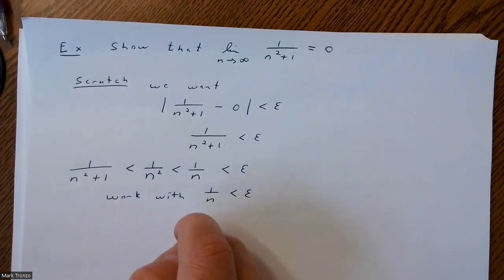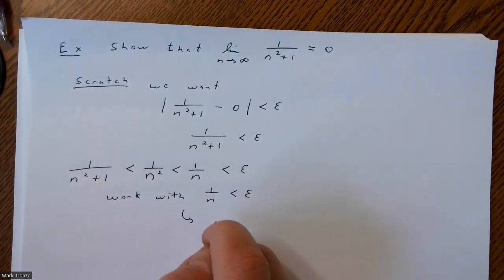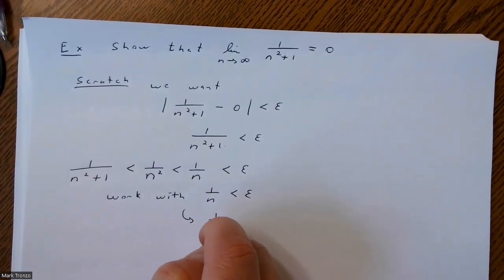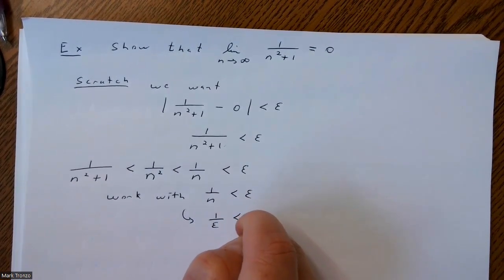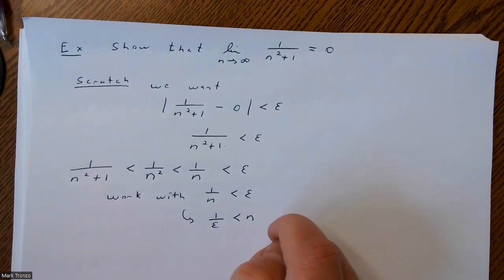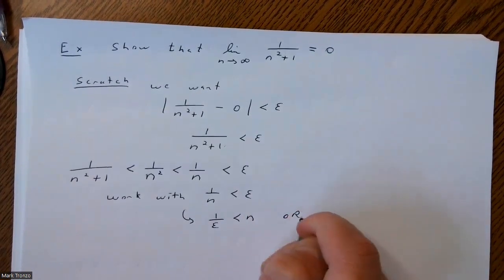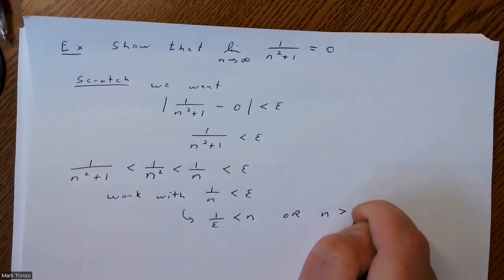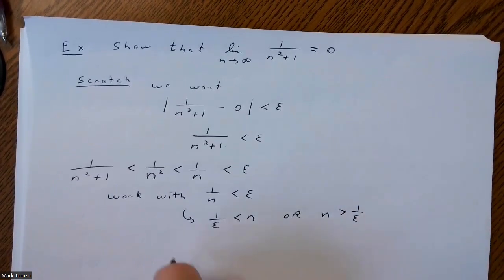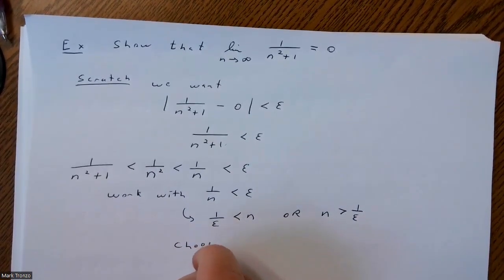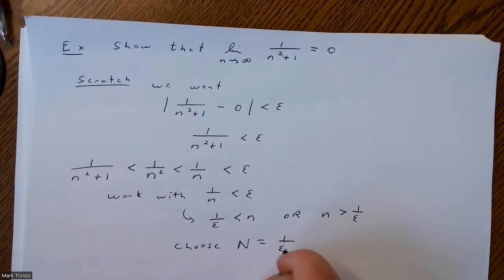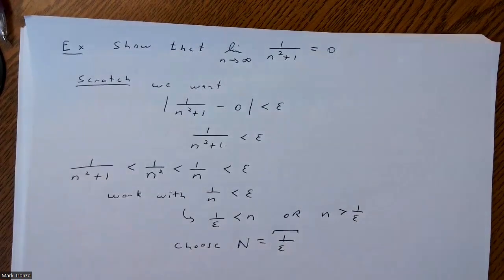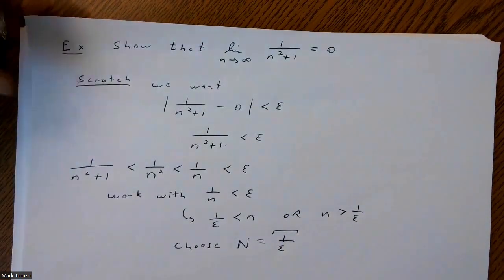And once again, it's going to be the same deal as before. We're going to end up with 1 over epsilon is less than n, or n is less than 1 over epsilon. So we're going to choose our capital N to be 1 over epsilon like this. So that was our scratch work.